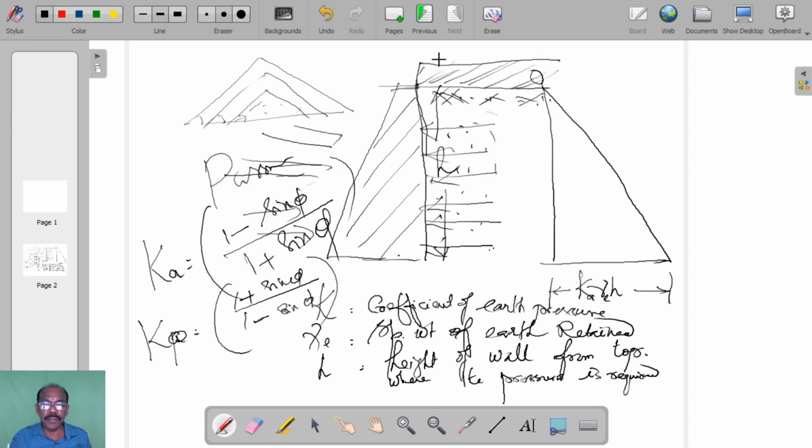The weight above the top level of the wall is nothing but surcharge. Sometimes the surcharge may be inclined, or horizontal like this. This is the angle of surcharge. Alpha is nothing but the angle of surcharge.